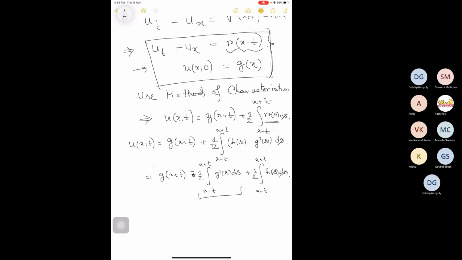Now what can I write this as? Anyone? g of x plus t minus g of x minus t. Half g of x plus t plus half g of x minus t plus this quantity remains, plus half integral from x minus t to x plus t of h of s ds. This remains.